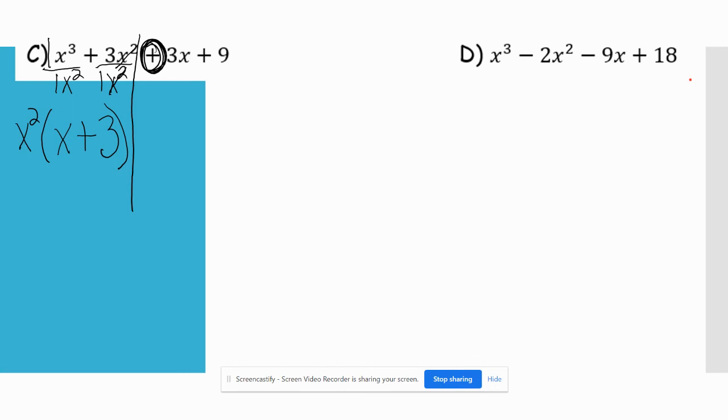On the right side of our wall, we have a plus sign, so we're bringing that down. Our common factor between 3x and 9: 3 and 9 have a common factor of 3. They both don't have an x, so I can't pull out that variable. Our GCF is 3 then. 3 divided by 3 is 1x, plus 9 divided by 3 is 3.